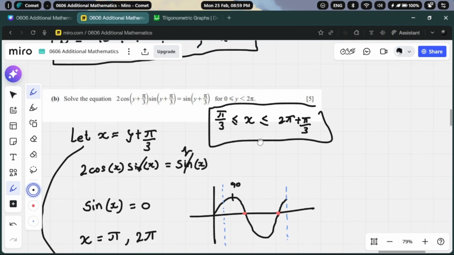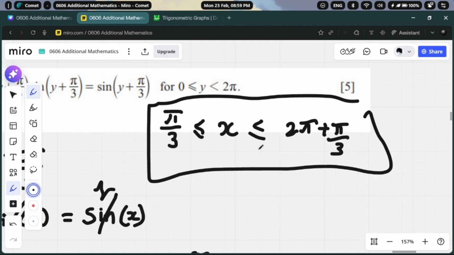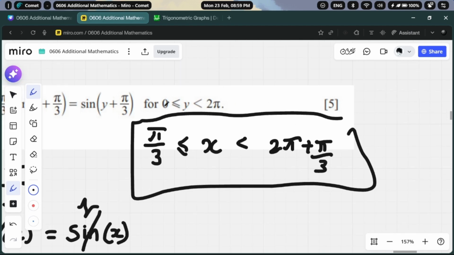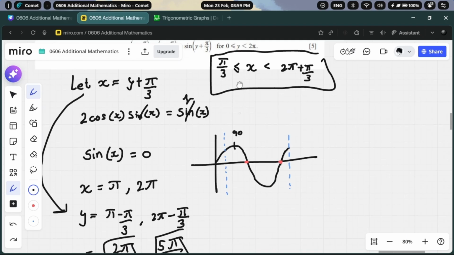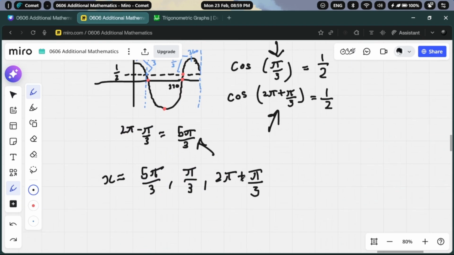Notice how 2 pi plus pi over 3 won't be considered because over here it's clearly y is less than 2 pi. So keep that in mind as well. Make sure you double check with the domain always. It's going to be less, so you won't consider this. So these are the only two values to consider.